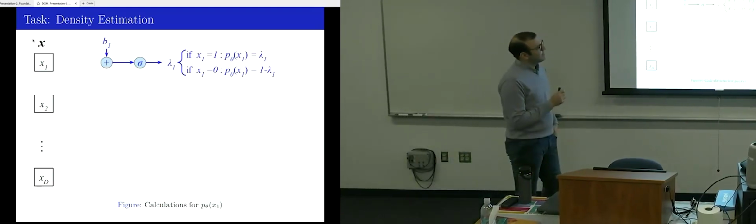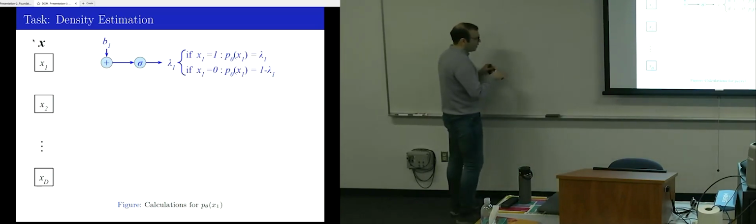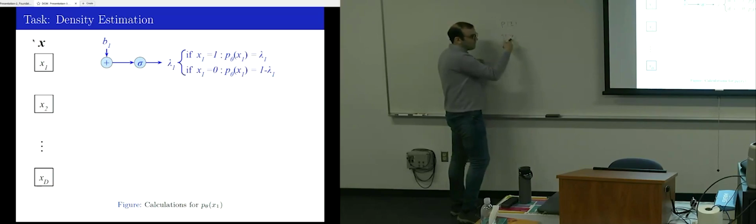The first step is to remember our factorization. Our factorization said that the probability you want to evaluate is the multiplication of several conditional probabilities: the first element, then the second element given the first, until the last element given the previous ones.